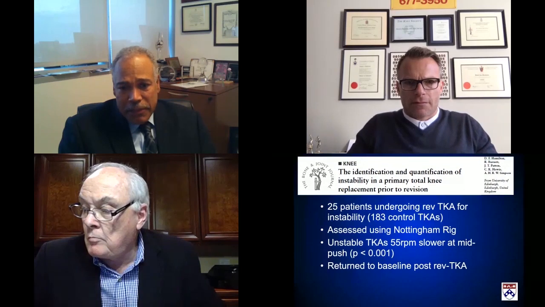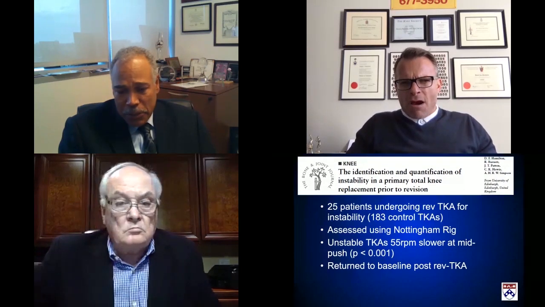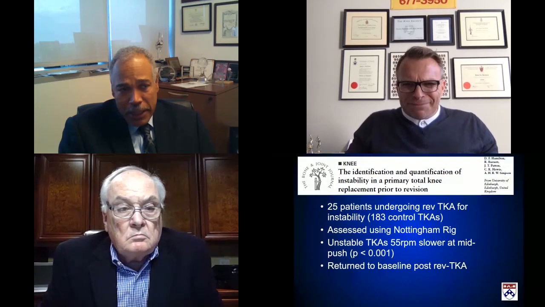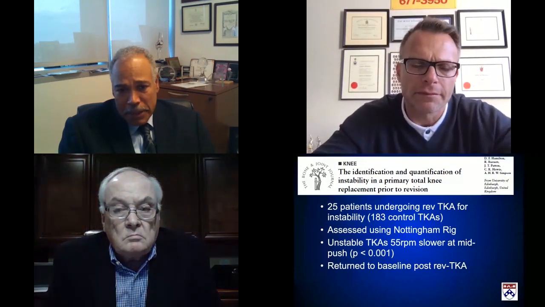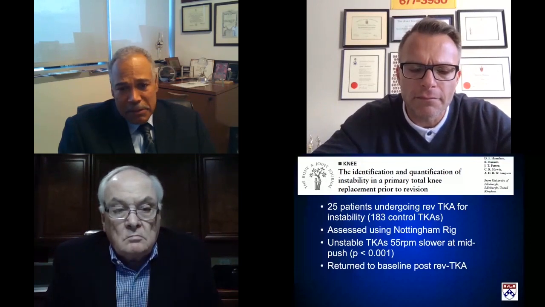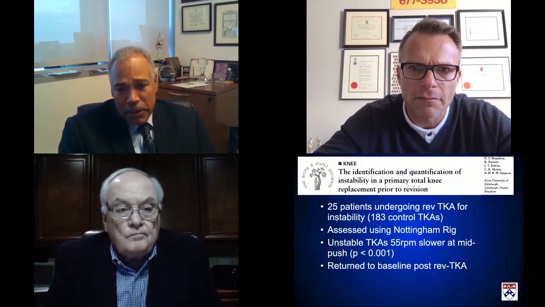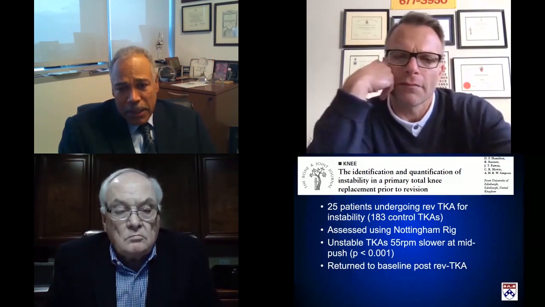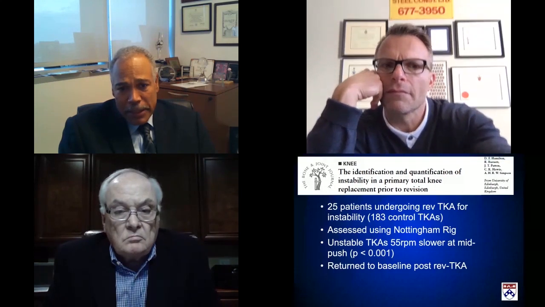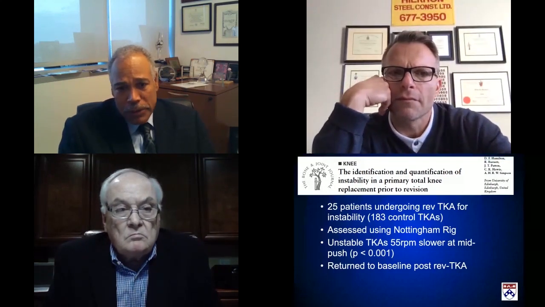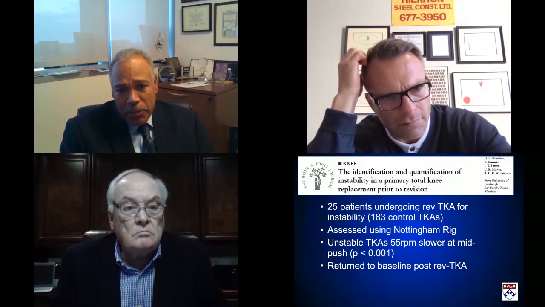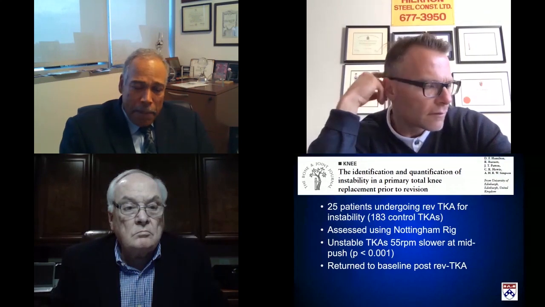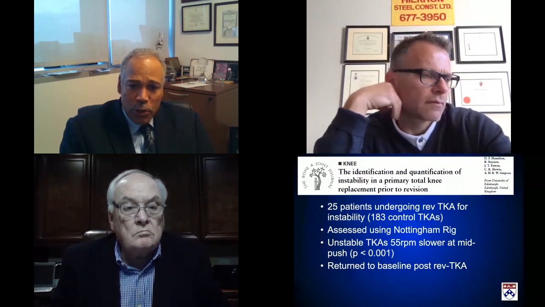But most of those are not as objective complaints. Many times you'll have a situation where somebody's knee feels looser than somebody else's knee, and the patient whose knee feels looser may be complaining of less symptoms than the patient whose knee feels unstable but not so unstable. This is the only study that I'm aware of looking at something objective for assessing instability. It was a study out of the UK in 2014 in the Bone and Joint Journal. They looked at 25 patients undergoing revision knee for instability, and compared them to 183 control total knees.